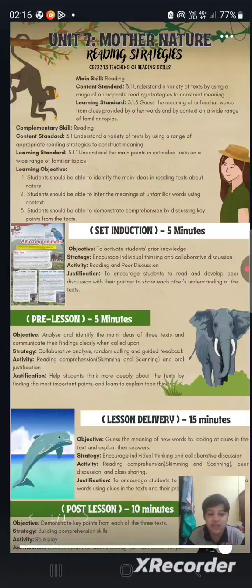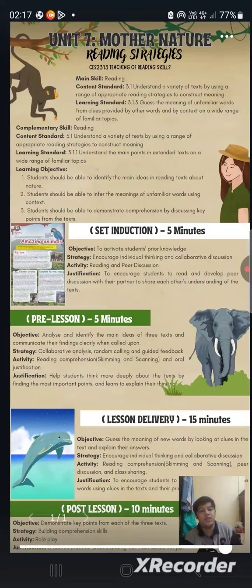So the activity is basically reading comprehension, which is skimming and scanning. Students need to skim and scan the text to search for main ideas, and oral justification, basically to justify their answer. So the justification is to help students think more deeply about the text by finding the most important points and learn to explain their thinking or their findings.